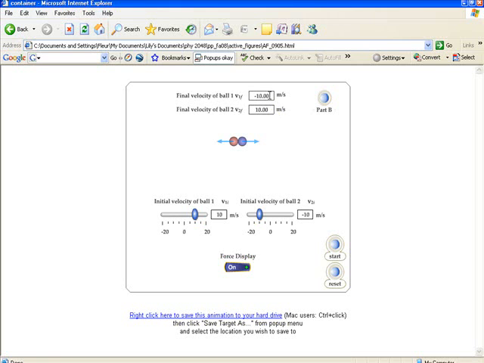Now ball 1 has a velocity of minus 10 meters per second, ball 2 has a velocity of 10 meters per second. How about if we increase the velocity of ball 1?